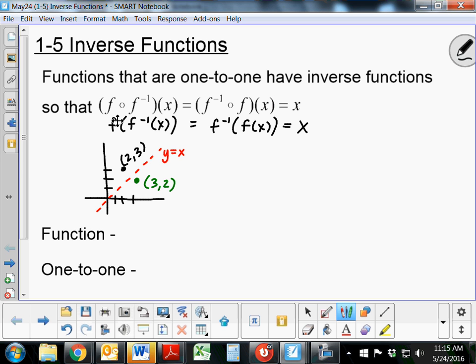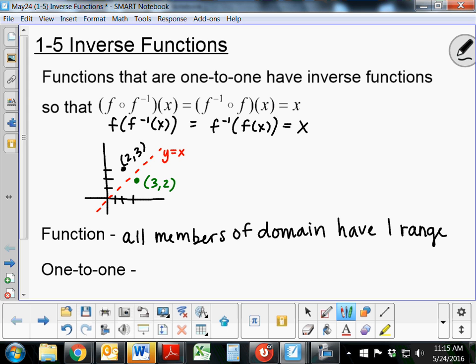So if we were to put it into our calculus language, we could say all members of the domain, because the domain are the x's, have one range value, since our range is our y's. So that's our new definition of a function. Each member of the domain is attached to one member of the range.